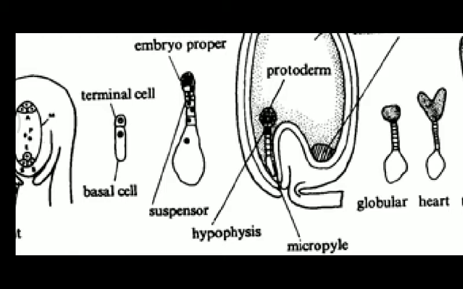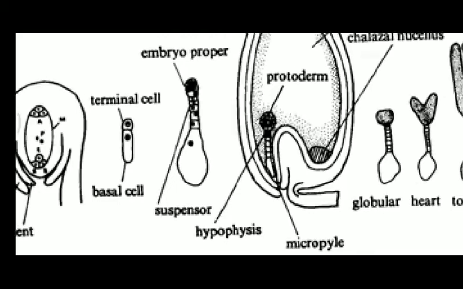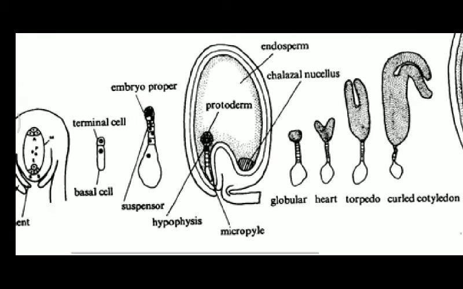These are arranged in two tiers of 4 each. Two tiers of 4 each. This picture is not very clear, but you can see the two vertical and one transverse divisions giving the two tiers of 4 each. So you can see that structure in your book.